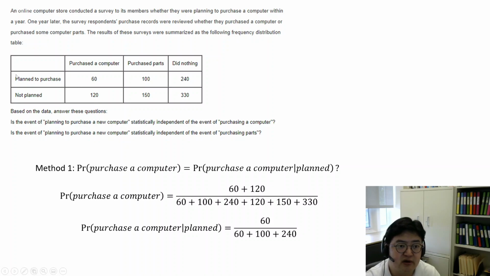And we only use the first row, which is in the denominator. And among the observations in the first row, only 60 customers purchased a computer. So 60 on top. Now it's your job. Your job is to calculate those two probabilities and see if they are equal. If they are equal, these two events are independent. Okay, this is method 1.